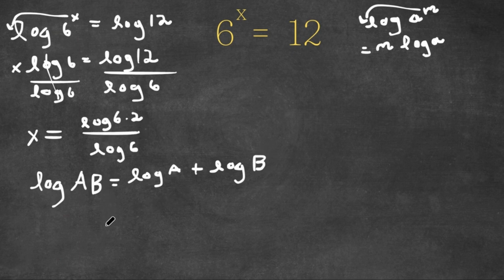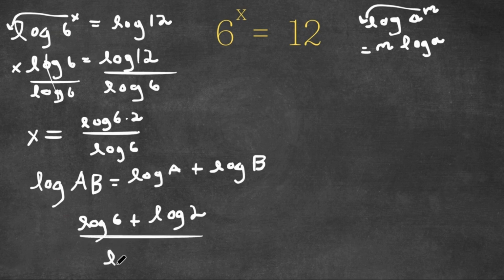So log 6 times 2 is going to be log 6 plus log 2. And we are still dividing this by log 6. So now log 6 divided by log 6 is 1 plus, now log 2 divided by log 6.